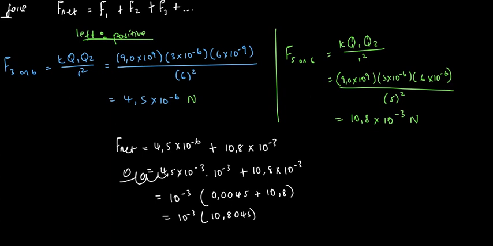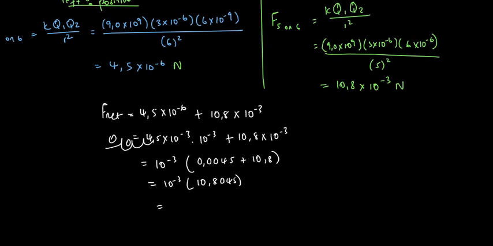Yeah, so in essence it should be 10.8 multiplied by 10 to the power negative 3 newtons there. I don't know, good people, it might be very much wrong. What is that? Oh, it's correct. Yo, nice. Nice stuff there.